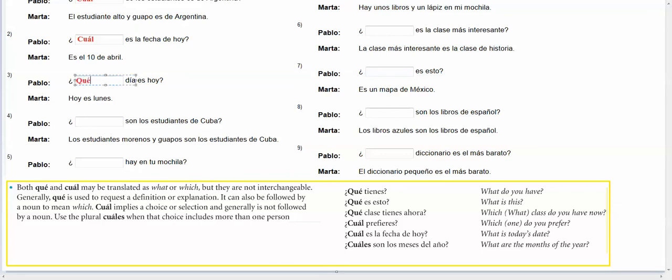So whenever you're asking the day, you're always going to use qué, which they should have put down here, which I guess we can. Let's put it down here. ¿Qué día es?